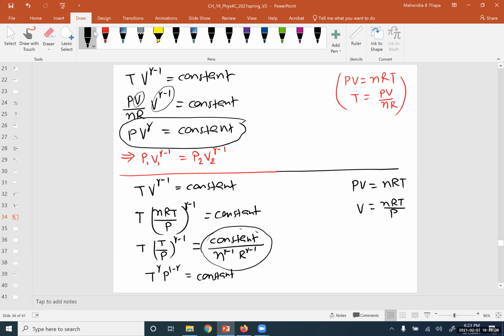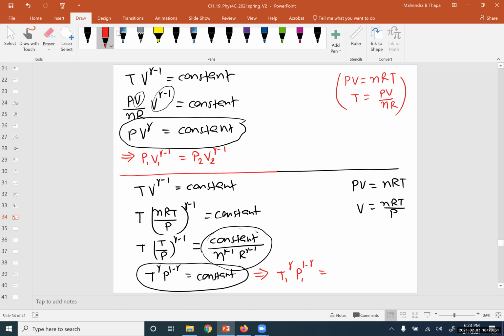If this is the case, we can also write T1 gamma P1 1 minus gamma must equal T2 gamma P2 1 minus gamma. So we can keep going just like this as before.